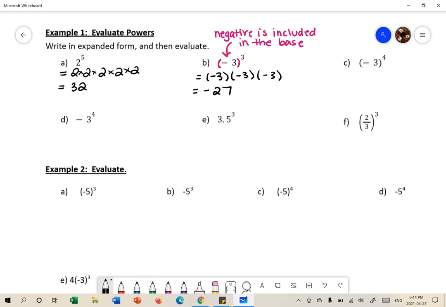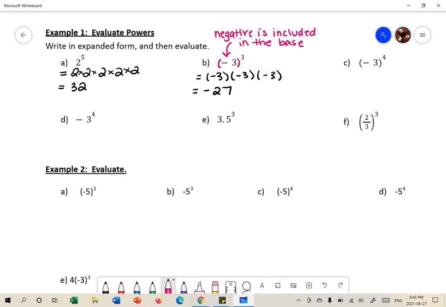So using my calculator, I'm going to make sure that when I type in -3 to the power of 3, I'm including those brackets. If I just type in -3 to the power of 3 in my calculator, you're going to get a different answer. You want to make sure that you write bracket -3, close bracket, and then exponent 3.